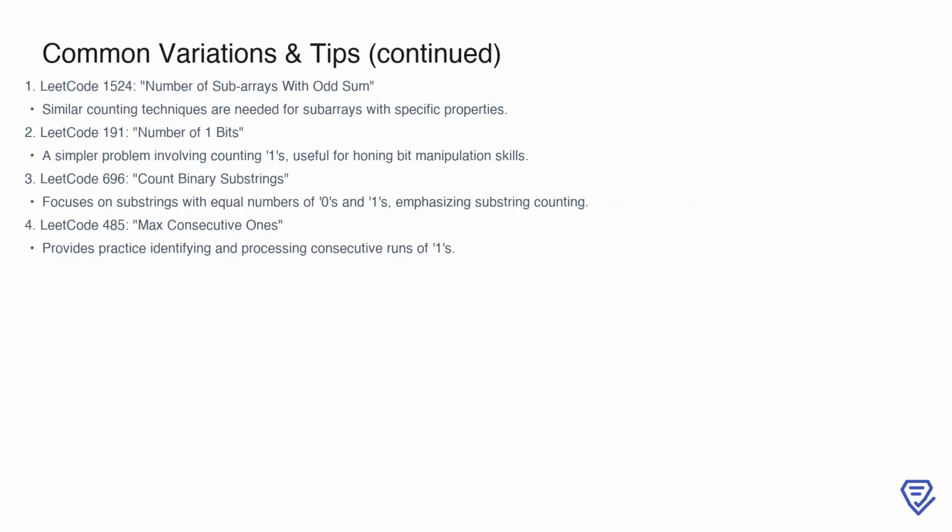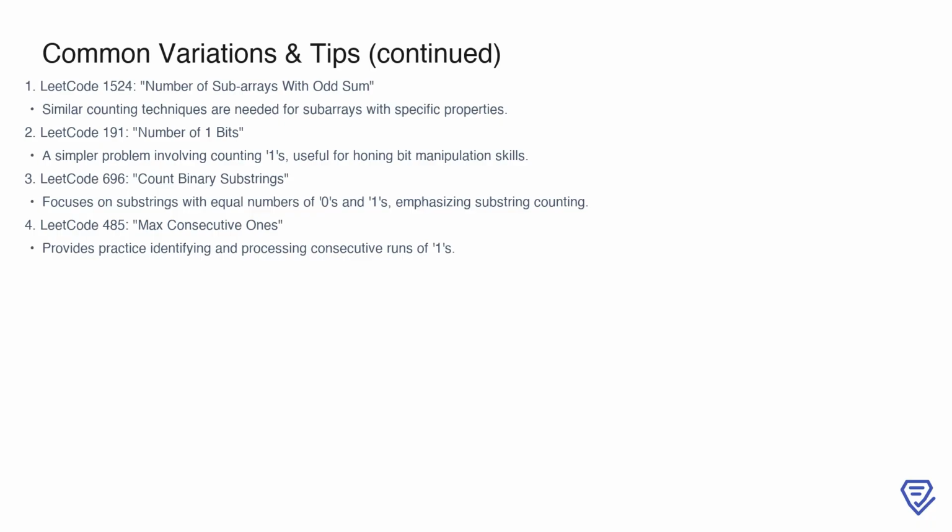There are several related problems that share similar concepts and can help reinforce your understanding. For instance, LeetCode 1524, number of subarrays with odd sum, also involves counting subarrays based on specific properties, which is a comparable skill. LeetCode 191, number of 1 bits, is a simpler problem that focuses on counting ones in a binary representation, offering a chance to practice bit manipulation.